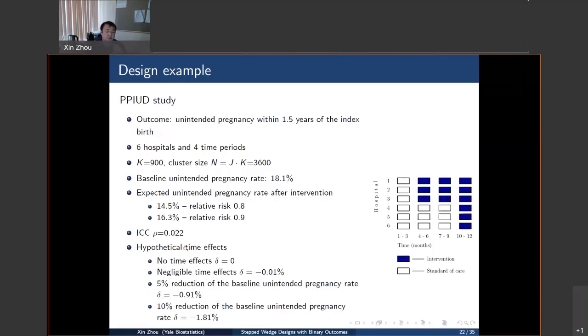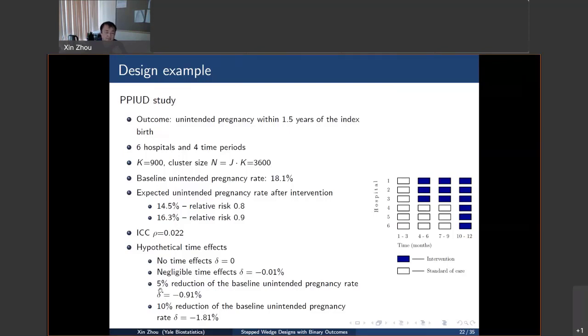And we also consider 4 types of time effects. The first one is no time effects. We use the model without time effects. And for the other 3, we use the model with time effects. For the second one, the time effect is very, very small. And for the third one, the time effect is moderate. And for the fourth one, the time effect is kind of large.